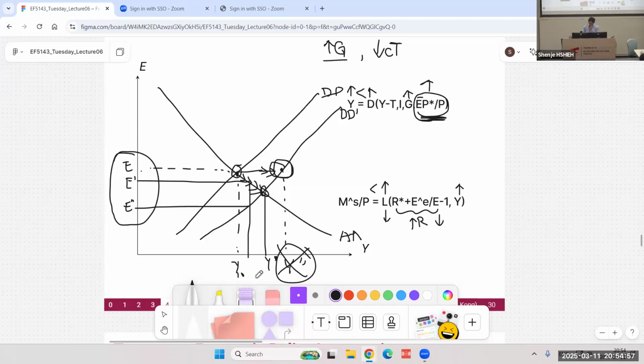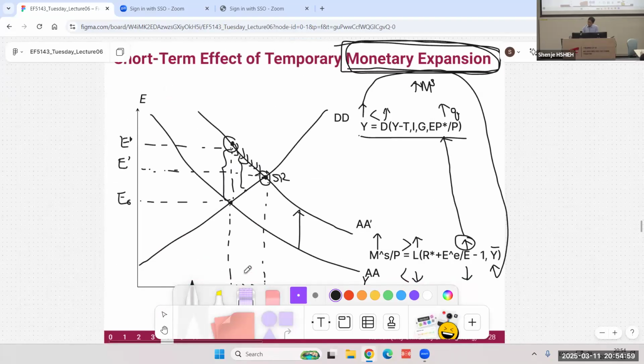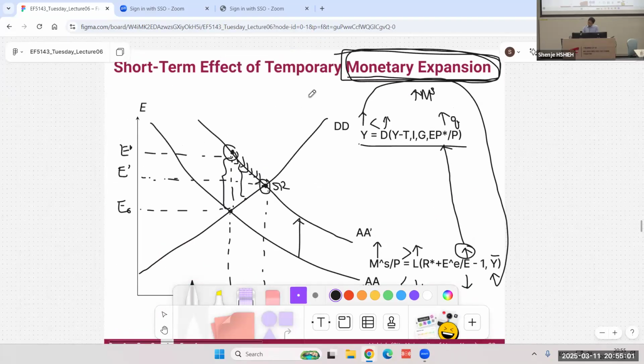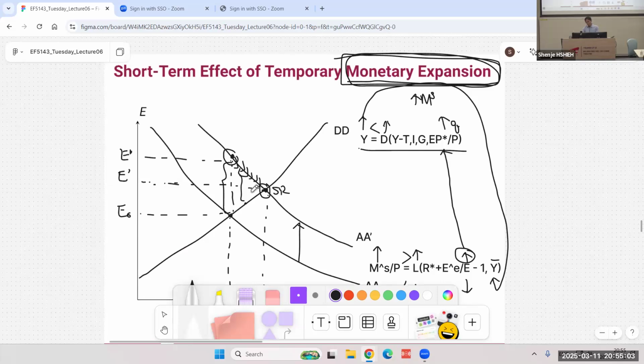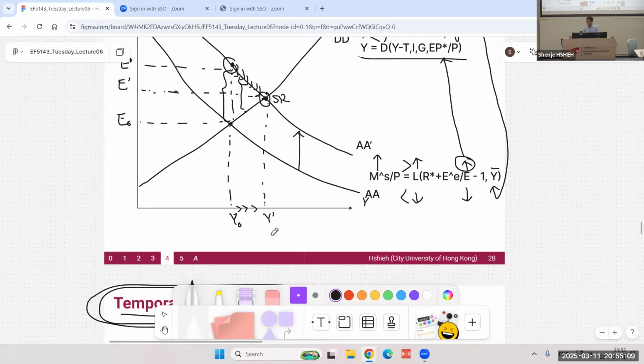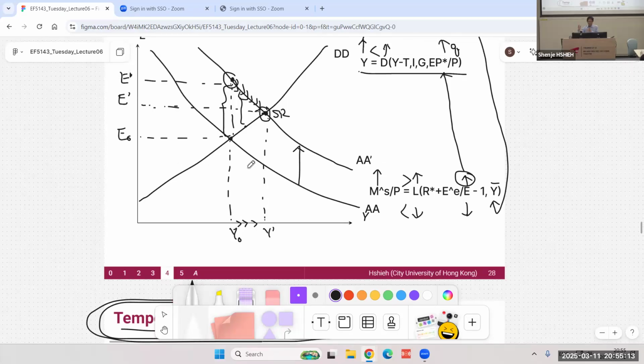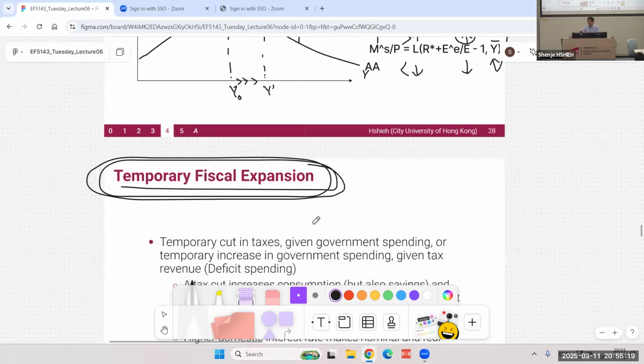Okay. So takeaway, under flexible exchange rates, monetary policy is very effective because when you depreciate your currency through creating money supply, you can achieve essentially the full potential of output, whatever that is. In fact, it's amplified because E is depreciated over time because of the change in money supply.